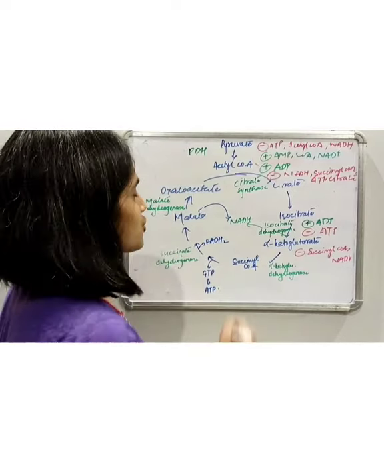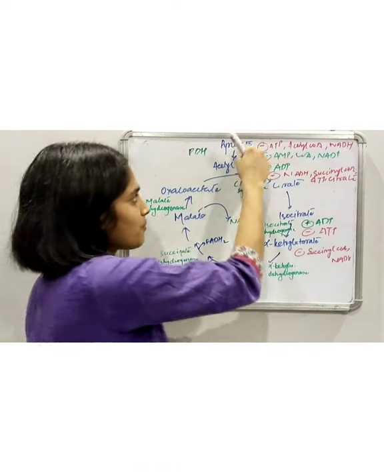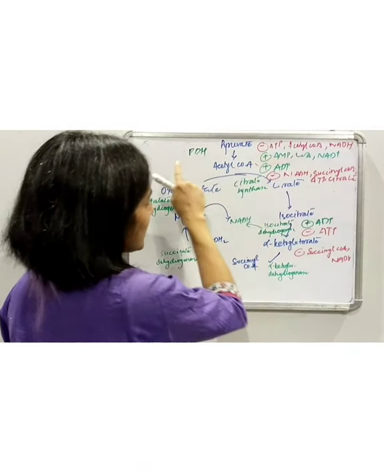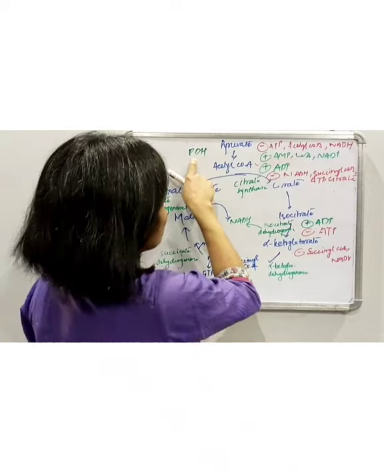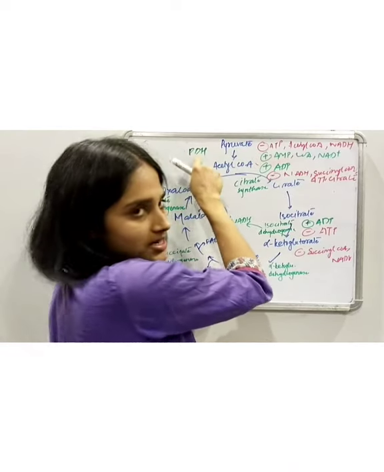or 8 reactions. So it starts with pyruvate. First, pyruvate is converted into acetyl coenzyme A in the presence of the enzyme pyruvate dehydrogenase.